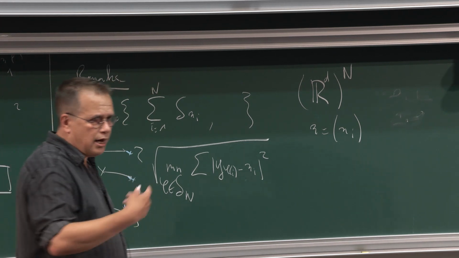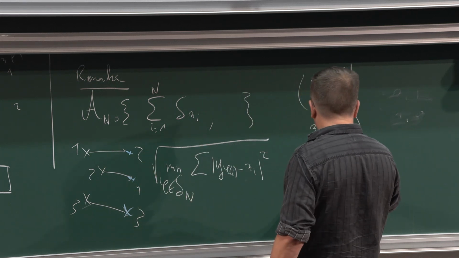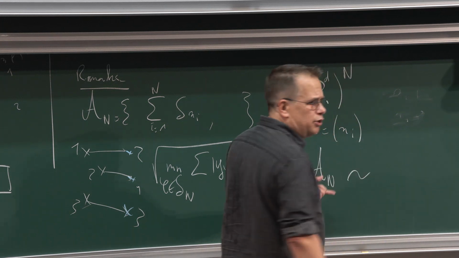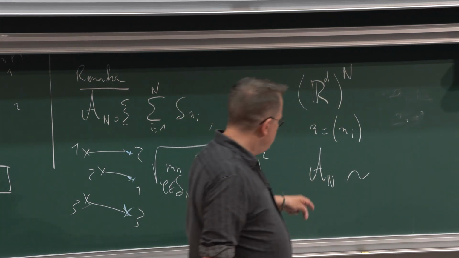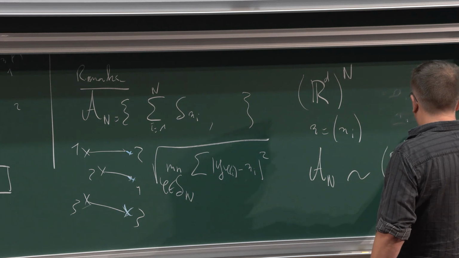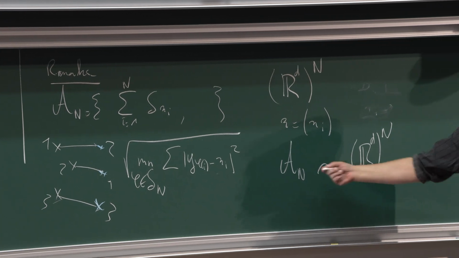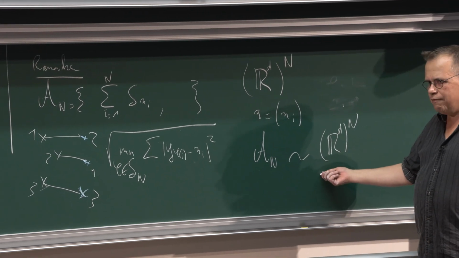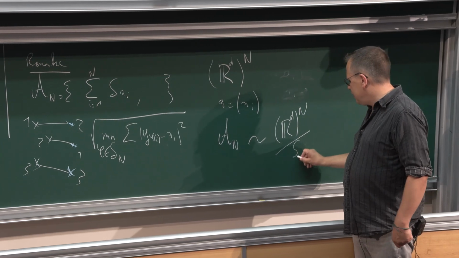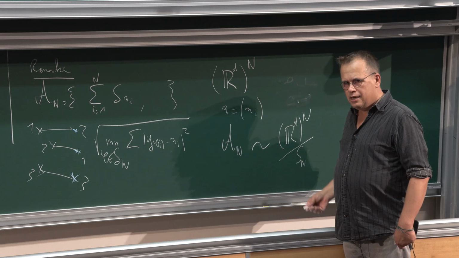So you might think there is an isometry between A_n and this. But you see that something is lacking here. It's not an isometry. You have to take the quotient with the permutation, then you can get a metric space. So this is real, and this is important.